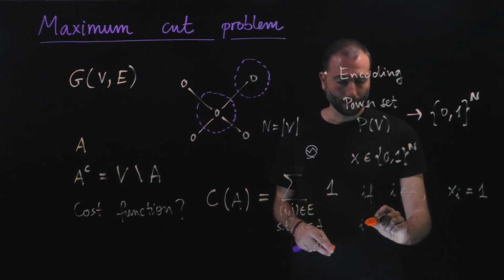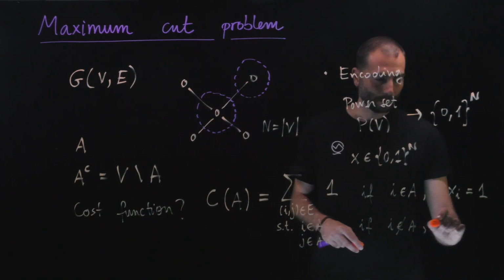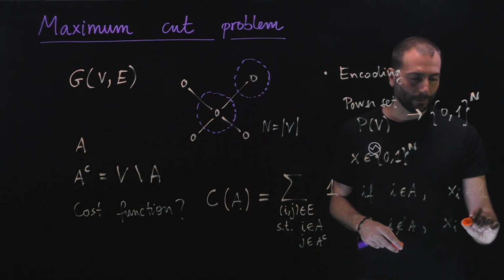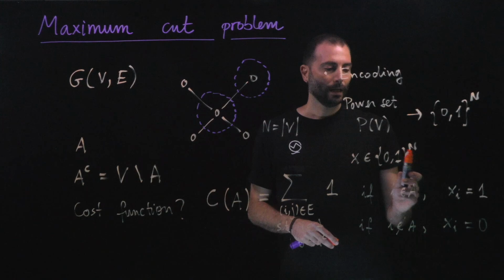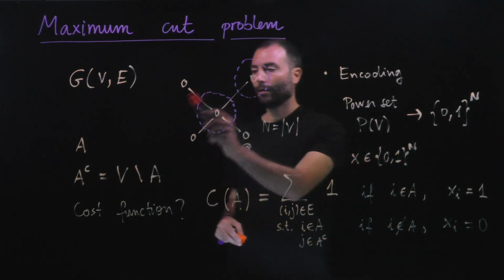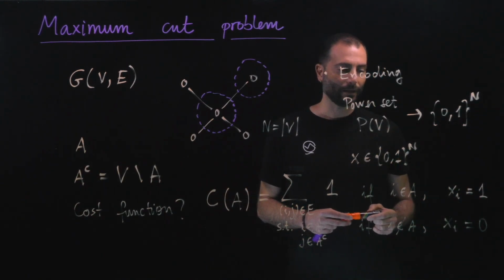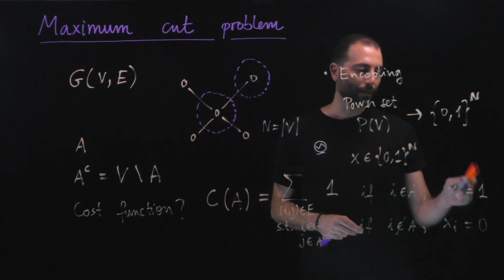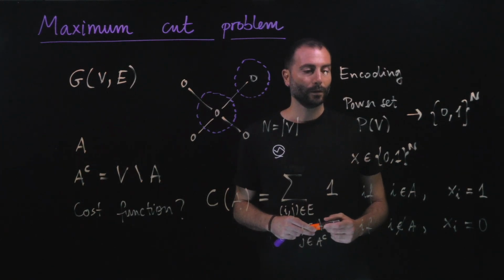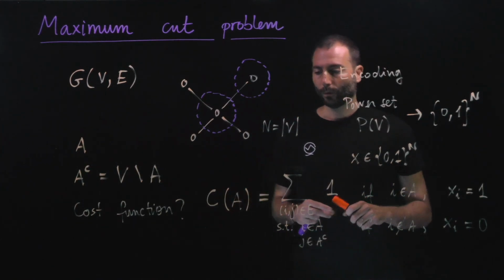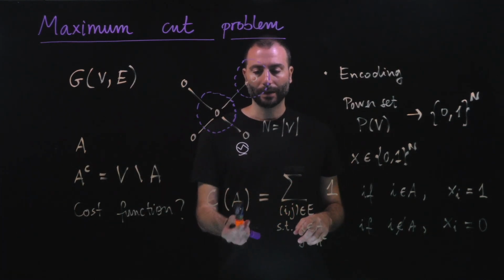Otherwise, if i doesn't belong to A, then we set this bit element to 0. So this function encodes any subset of V that you can think of into a bit string, and you see clearly that it's a bijective application. Also any bit string corresponds to a subset of V. Okay, so good. So we have a cost function expressed in terms of the subset A.